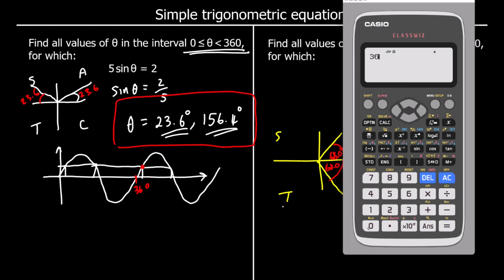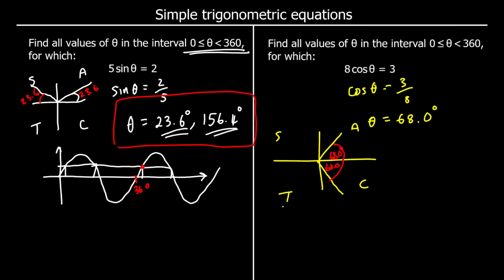So 360 minus the first answer is 292.0 degrees. So we use a calculator to get the first answer. If it's sine, we do 180 minus the first answer. If it's cos, 360 minus the first answer. And then we can use the CAST diagram to see that in a diagram.